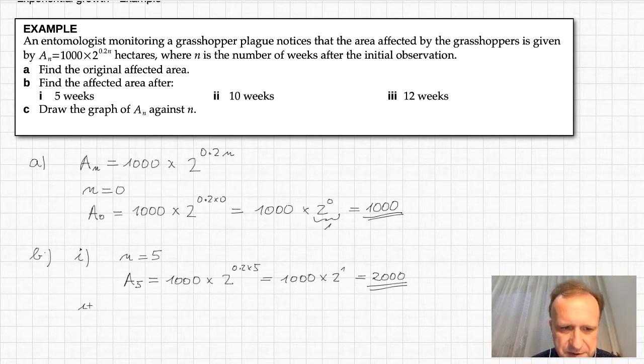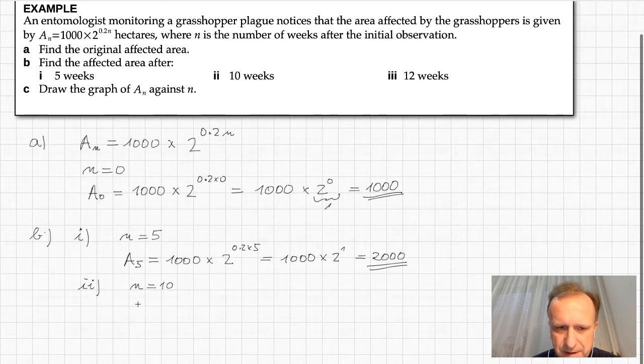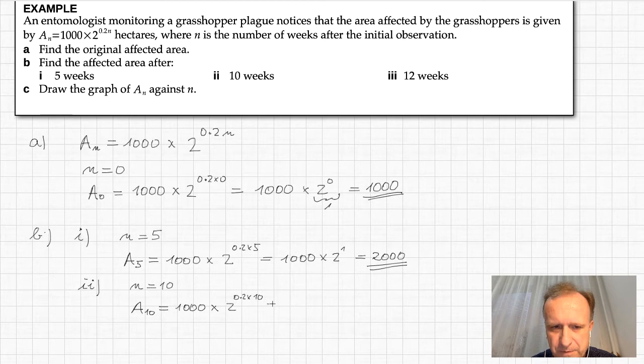In subpart 2 of part B, we have to do it for 10 weeks. So if n equals 10, then a sub 10 equals 1000 times 2 to the power of 0.2 times 10. Since 0.2 times 10 is 2, we have 1000 times 2 to the power of 2.